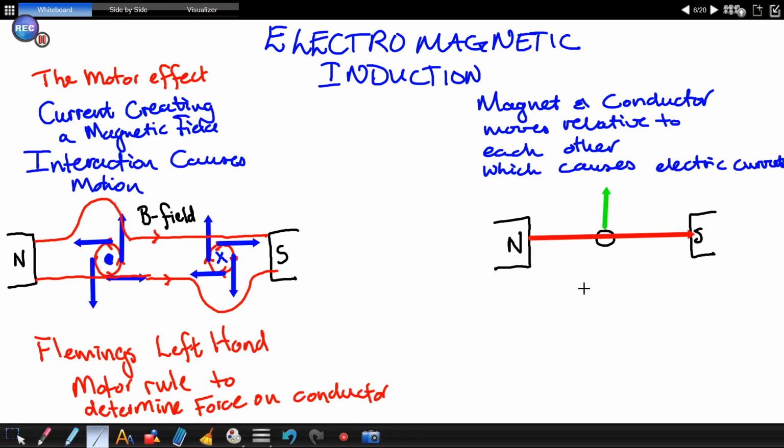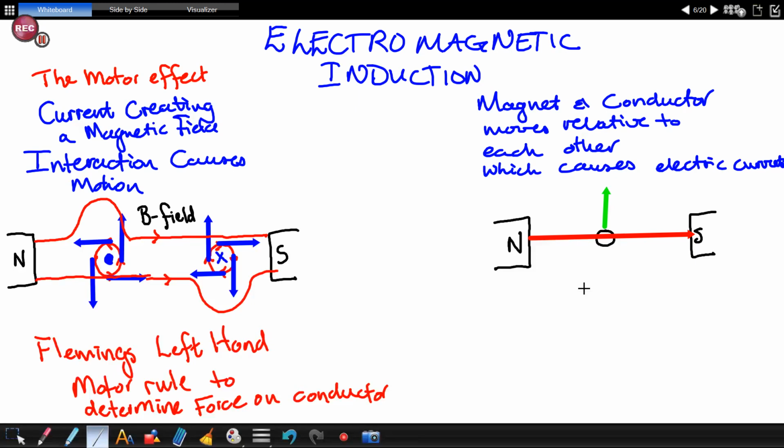I am moving this coil in the magnetic field. So you are using mechanical energy to move the conductor. We used Fleming's left-hand motor rule when we had electricity in the coil, to see in which direction it is going to move. Now we're using Fleming's right-hand dynamo rule.